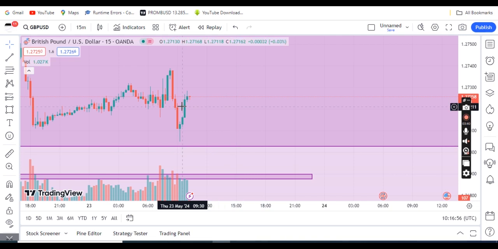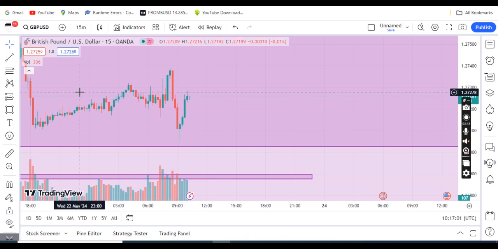Look at it, we pick our Fibonacci. When we pick our Fibonacci and measure this range from here to here, you take your 50%. We take our 50% from here.